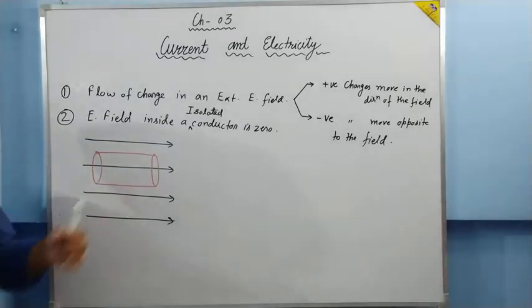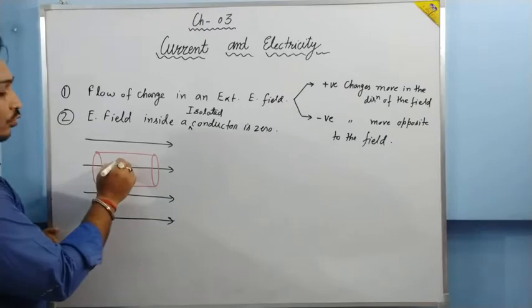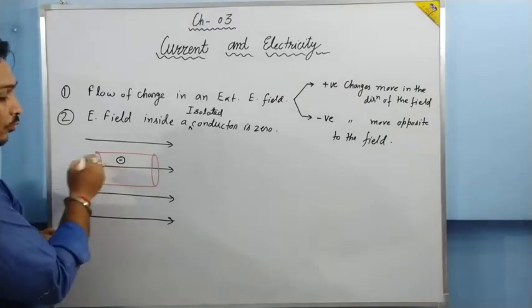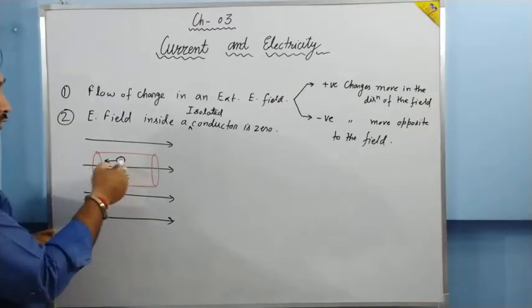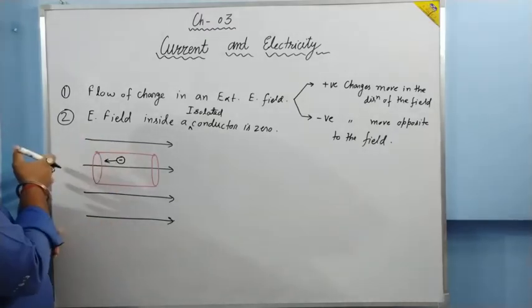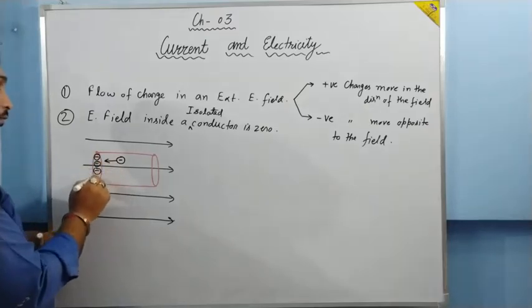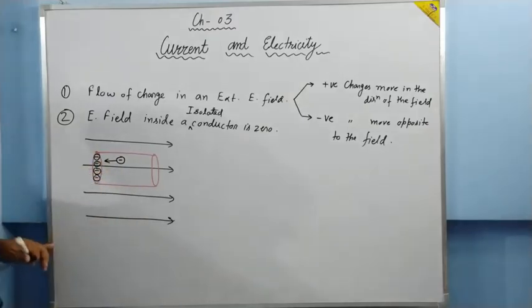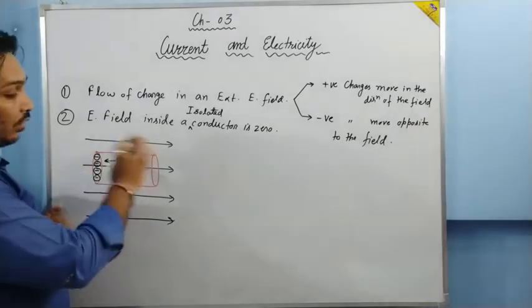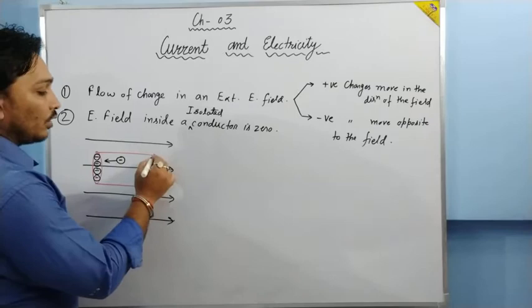The free electrons in the conductor have a tendency to move opposite to the field. The negative charge will move towards this side, and since the negative charge moves towards this side, this side will become negative. And what happens if this side is negative? As a whole the conductor should be neutral, so this side will become what? Positive.